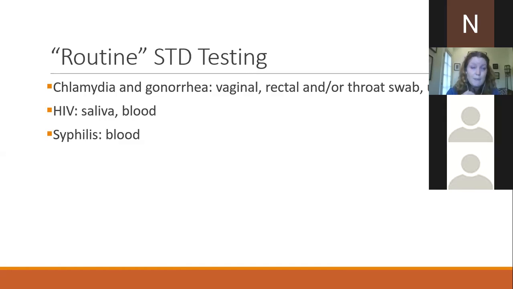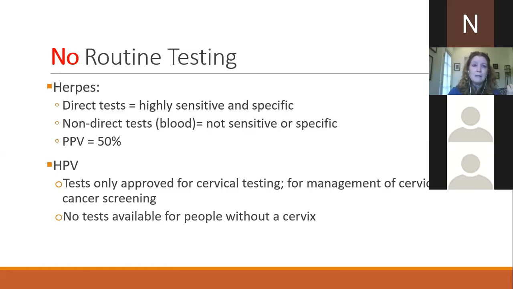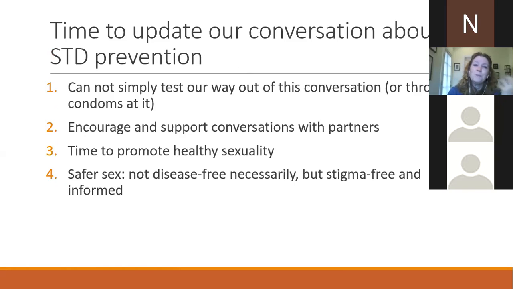For cis men who have sex with cis men, we add hepatitis C testing, hepatitis A, and hepatitis B. Those are much lower risk in heterosexual populations. Okay, so we don't routinely test for herpes and for HPV. So we can't just test our way out of things. We can't just go in, get some tests, and feel fine about it.